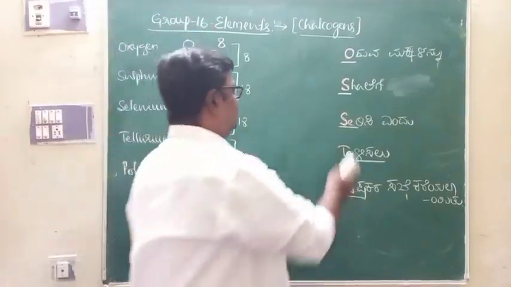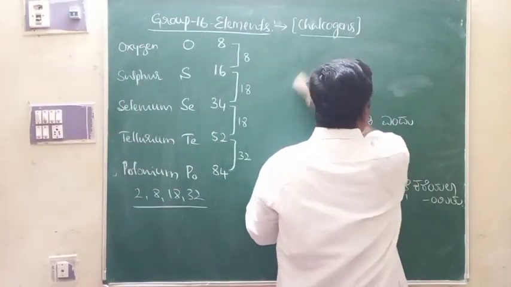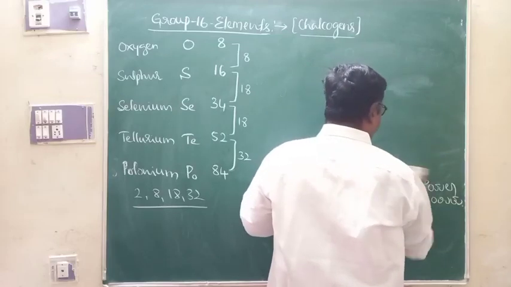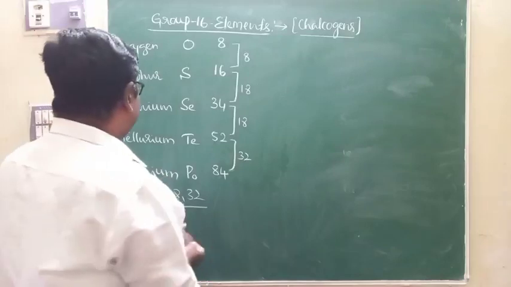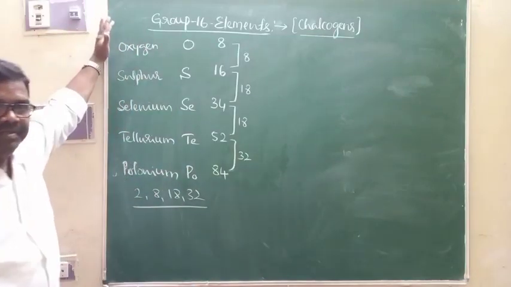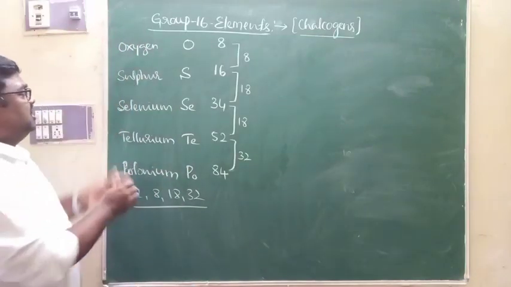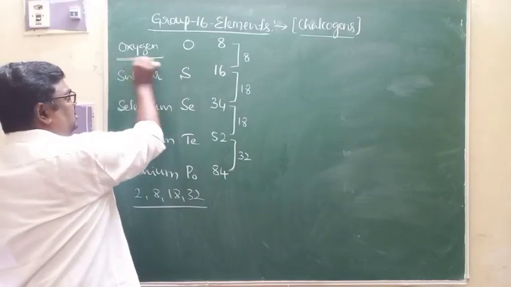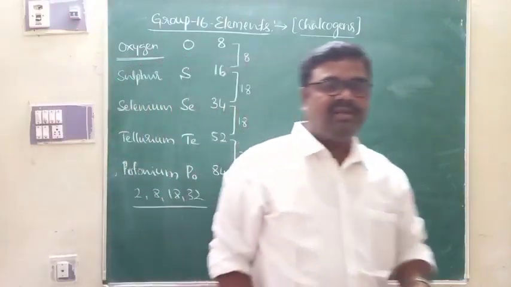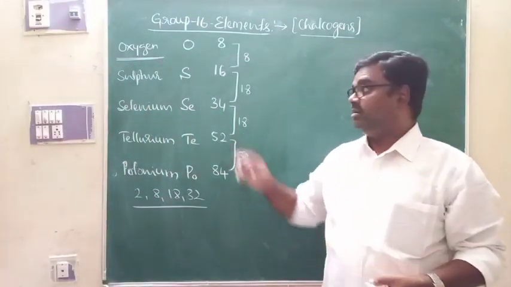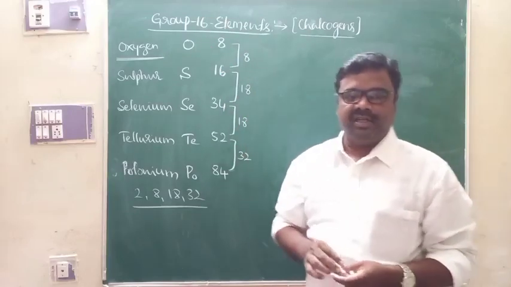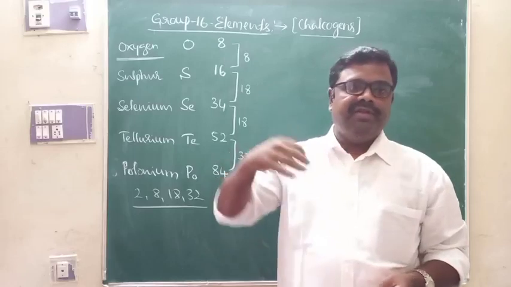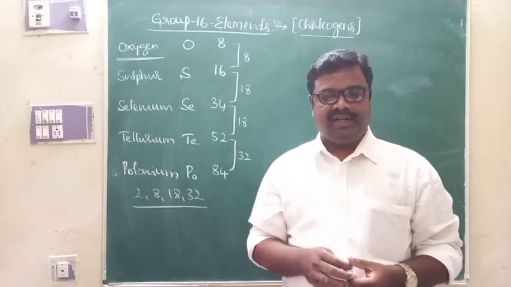They are also called chalcogens. And as usual, as far as occurrence of group 16 elements is concerned, you know that oxygen is the most abundant element in the earth, is it not? This oxygen is available in nature in free state as well as in combined state.